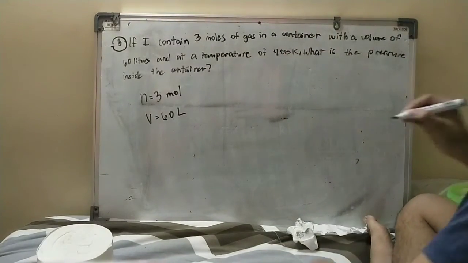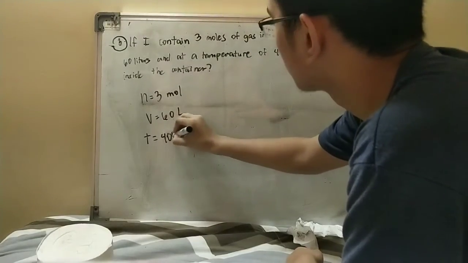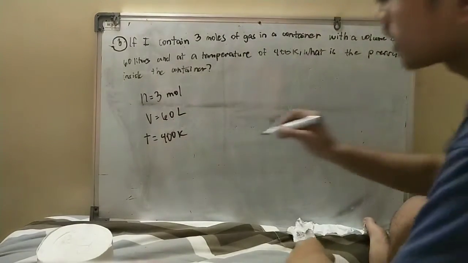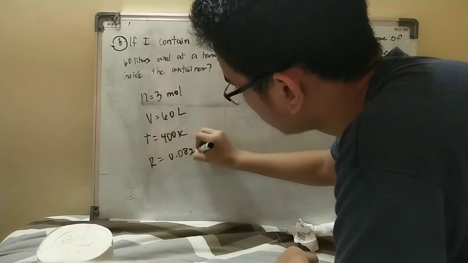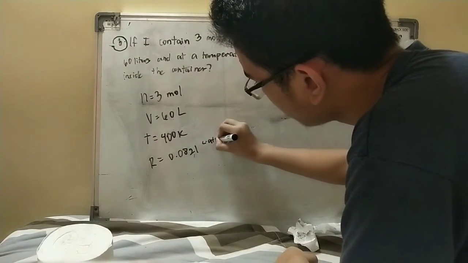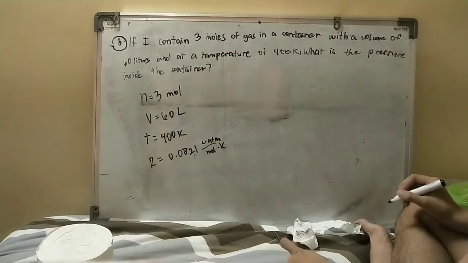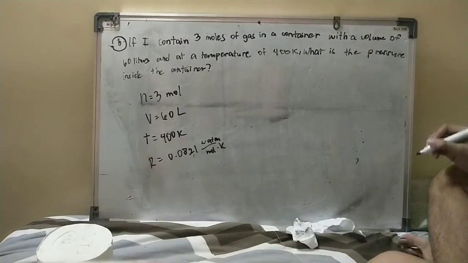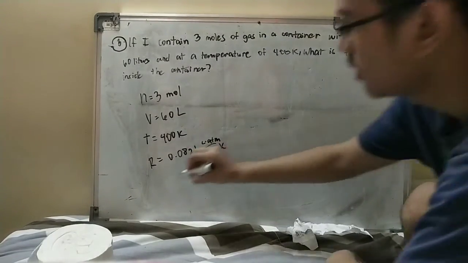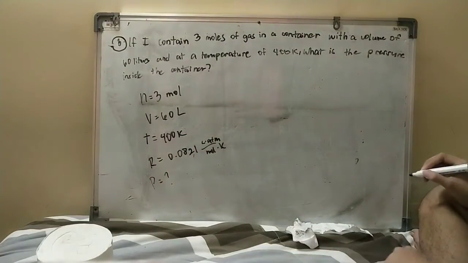And our temperature is 400 Kelvin. Our gas constant being 0.0821 liters times atmosphere over moles times Kelvin. And now, what are we looking for? That is the pressure. So pressure equals question mark because we haven't found the answer yet.